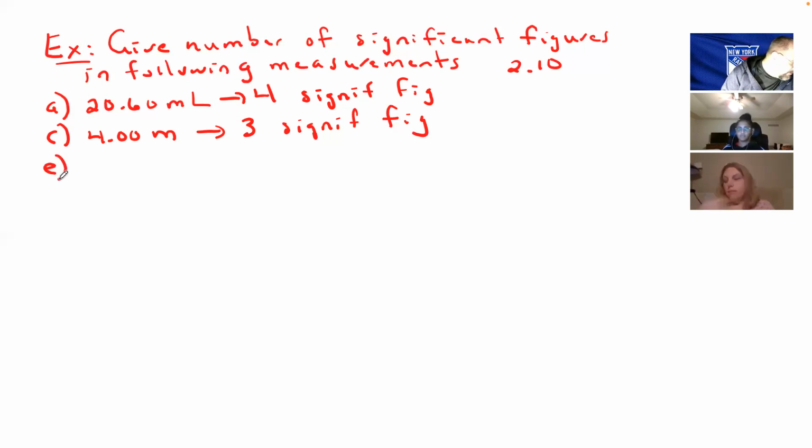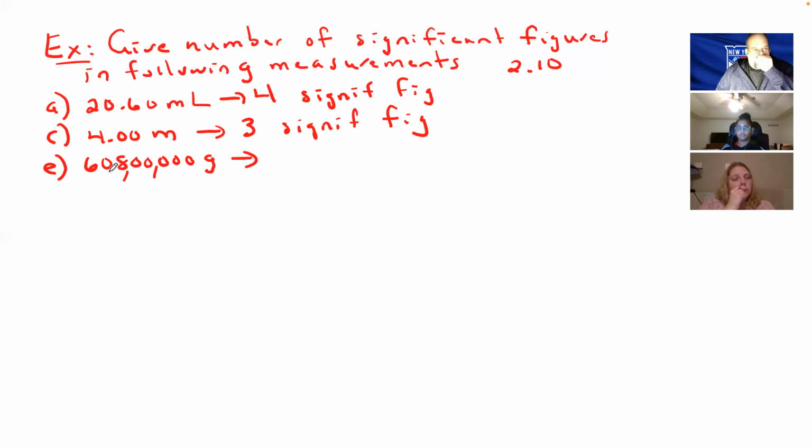Now letter E, which is 60, then 8, then 2 zeros, and then 3 more zeros, and grams. So it looks like we have 608 million grams. How many significant figures would be in this number? Well, first off, the 6 and the 8 would definitely be significant.